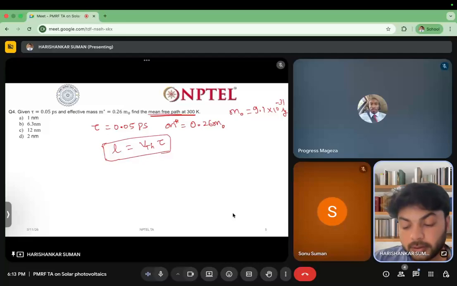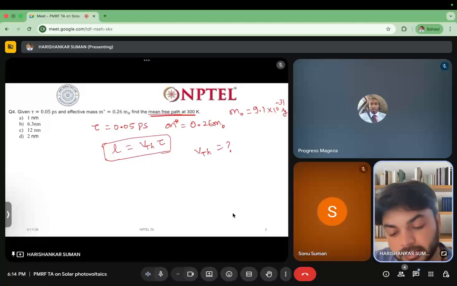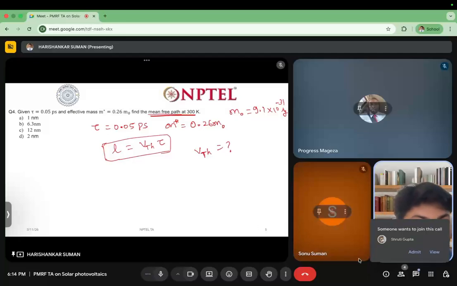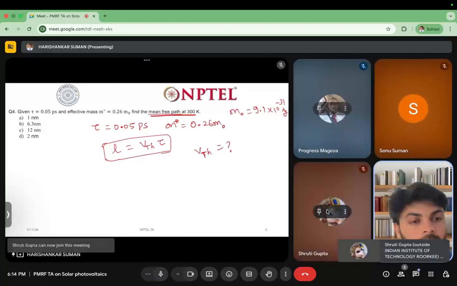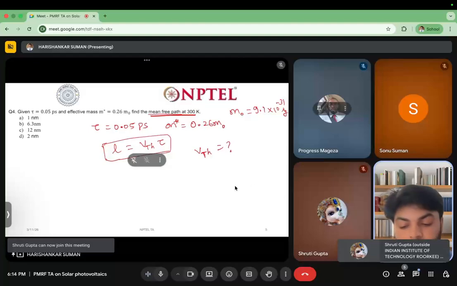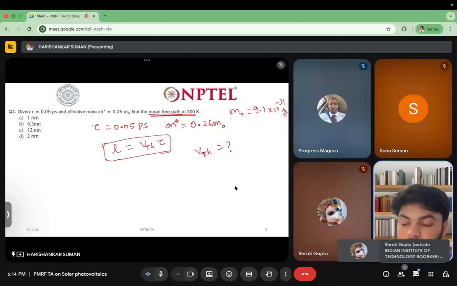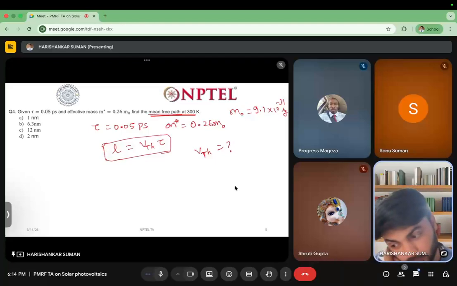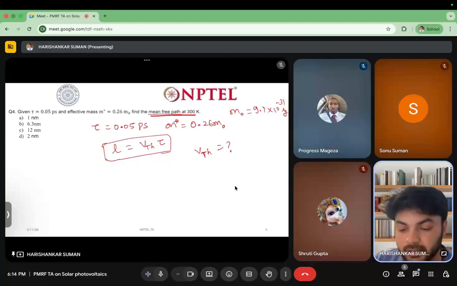How can you apply it? First you need VTH. How can you calculate this? Any idea? Mean free path of gases. For electron it is like a free electron.